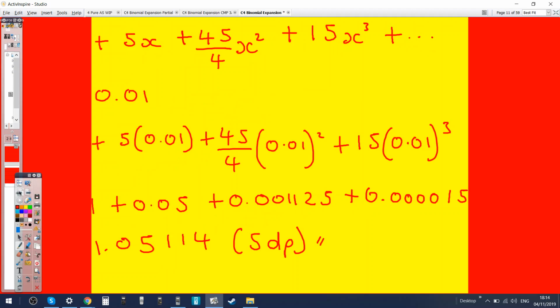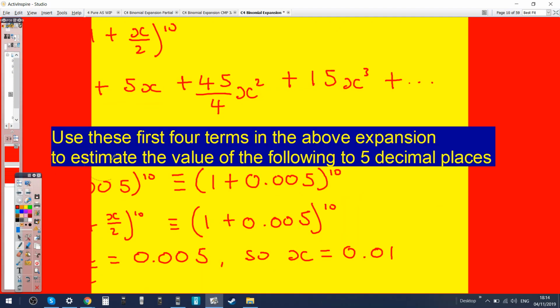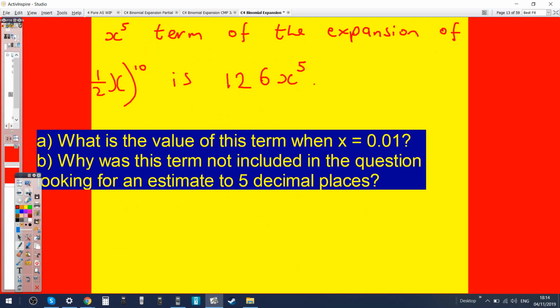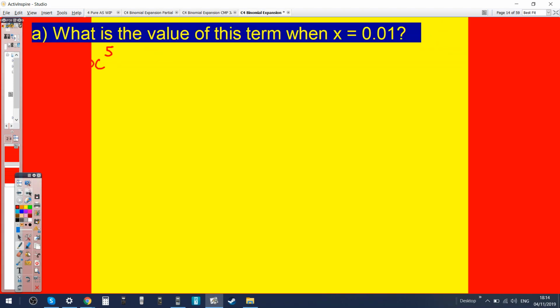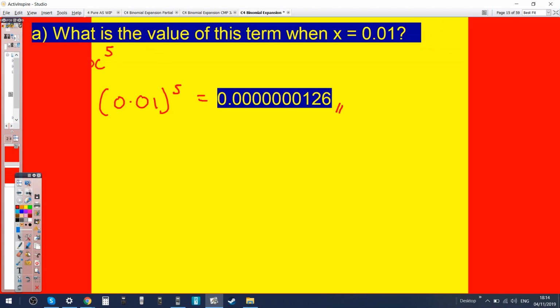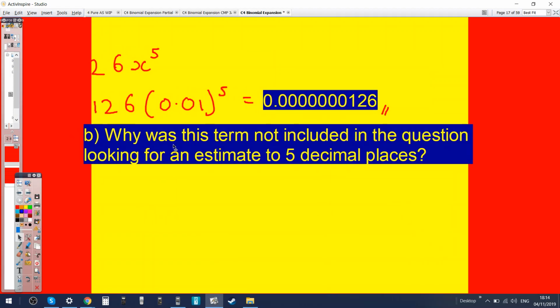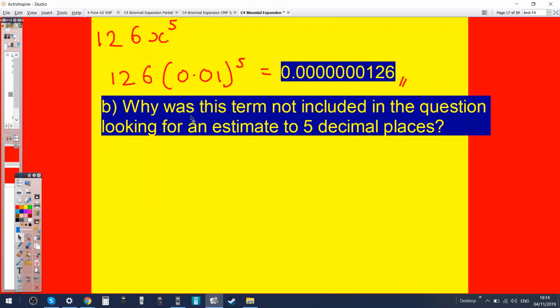I see. For the x to the 3 term, that would affect it to the 5th decimal place. That's why. Okay. How do you know which term will affect it? The way it will look in an exam question is they will say expand this to the first, let's say, 4 terms, and then they will say use your expansion to get it to 5 decimal places.